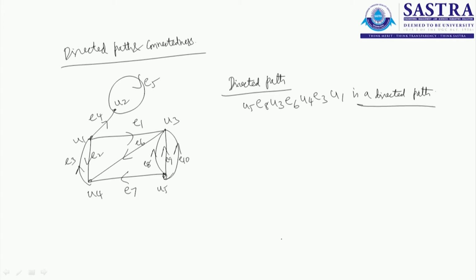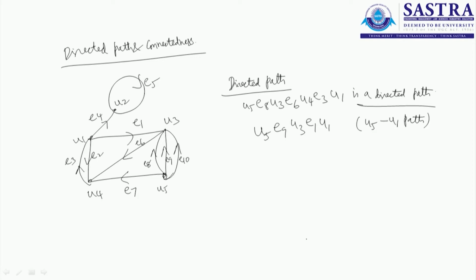Now I also have a path like this. If you look at this, U5, E9, U3, E1, U1. This is a U5, U1 path.